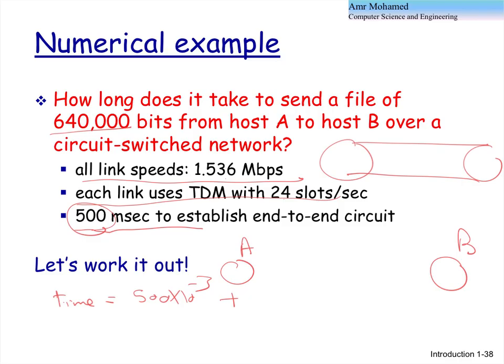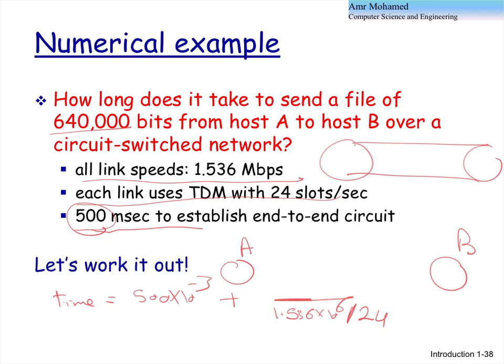1.5 divided by 24. Yes. That's simple. So I have an expected throughput on the channel of 1.536 times 10 to the power 6, divided by 24. How do I calculate the total transmission time of this entire file?